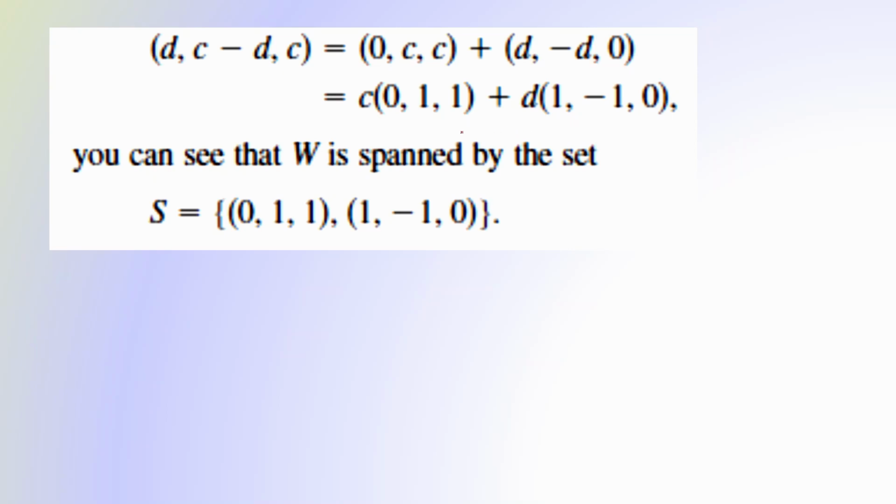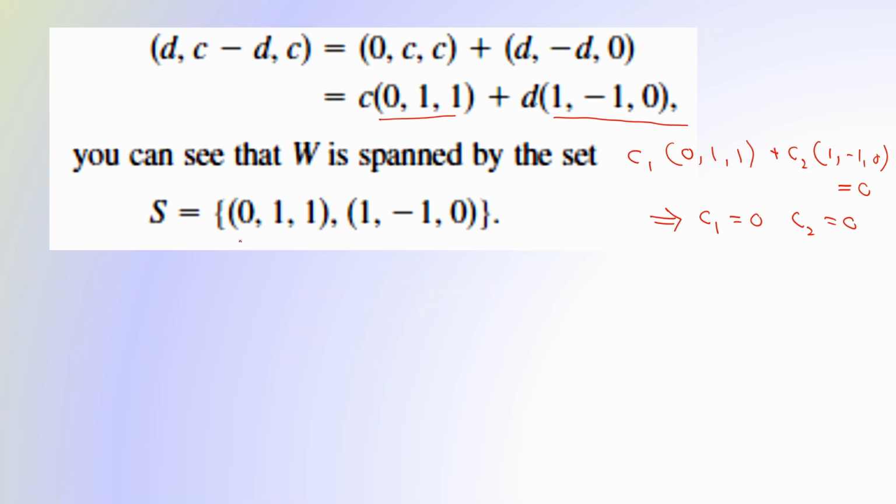So you can see that the subspace is spanned by these two vectors, (0, 1, 1) and (1, minus 1, 0). Consider c1 times (0, 1, 1) plus c2 times (1, minus 1, 0) equal to 0. Then you can compute that c1 is equal to 0 and c2 is equal to 0.